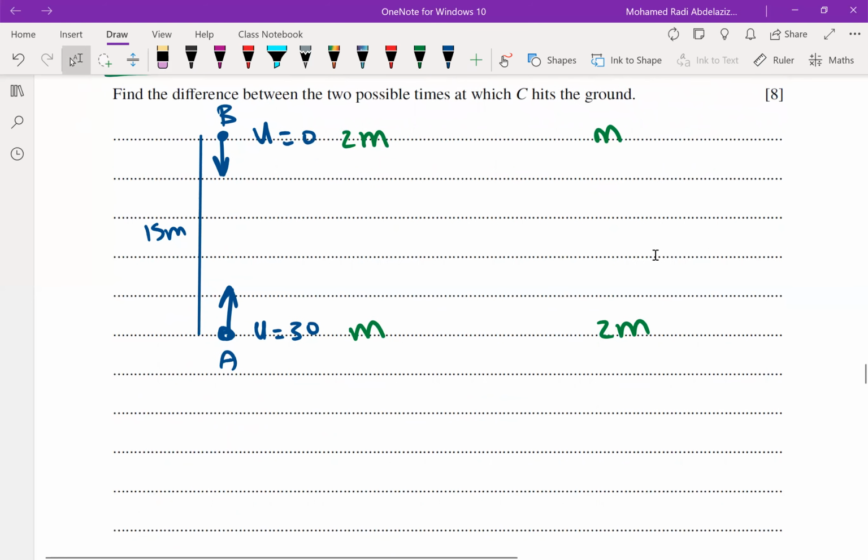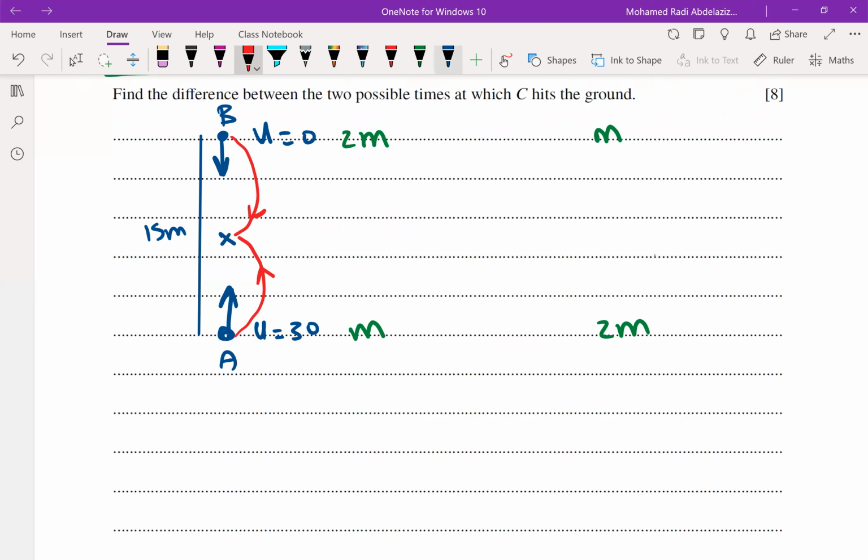First, when particle A moves up and particle B moves down, they hit at a point in between. Let's say this point. In this case, the displacement covered by particle B and the displacement covered by particle A, their sum is equal to 15.